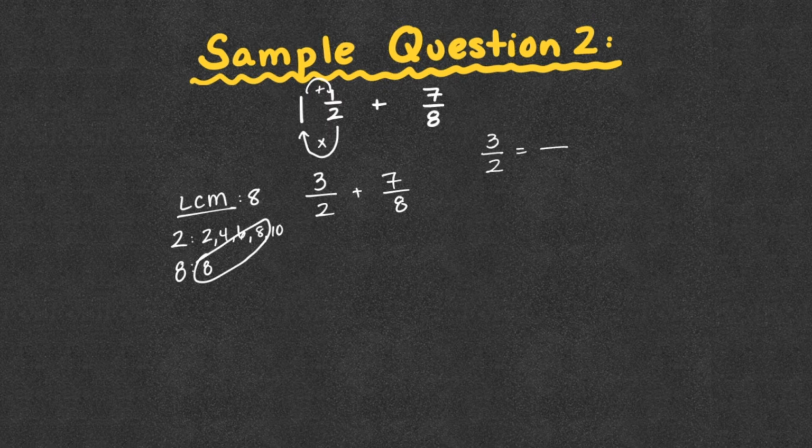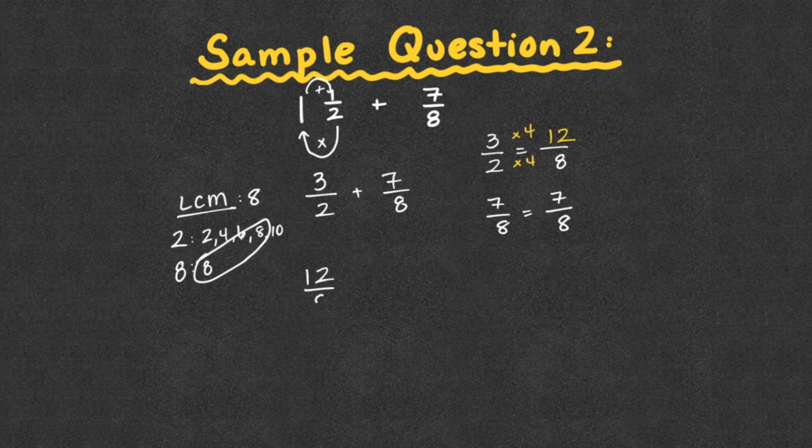So that means 3/2 is going to have a denominator of 8, and 7/8 is going to have a denominator of 8. 7/8 already has a denominator of 8, so that's fine. 2 times 4 is 8, so I do 3 times 4 gives us 12. So now I have my two fractions to add.